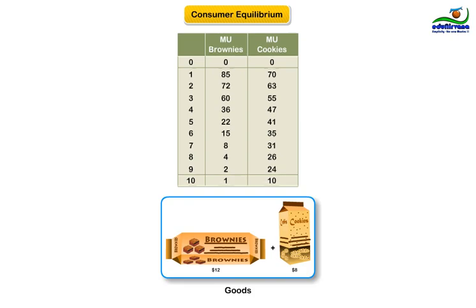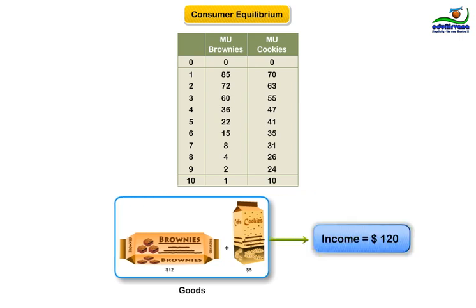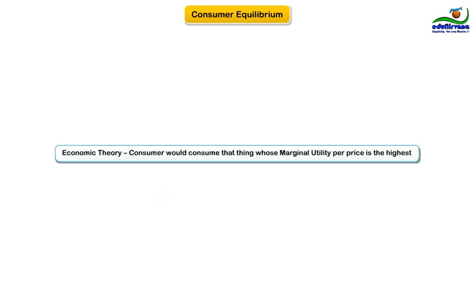Let's assume the price of a packet of cookies is $8 and the price of a packet of brownies is $12, and the income of our consumer is $120. Economic theory suggests that the consumer would consume the thing whose marginal utility per price is the highest.